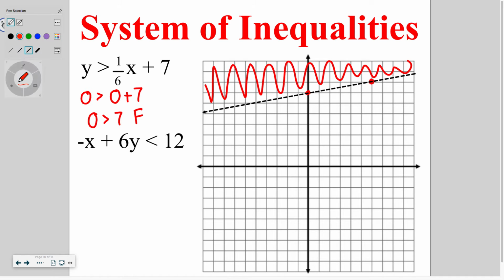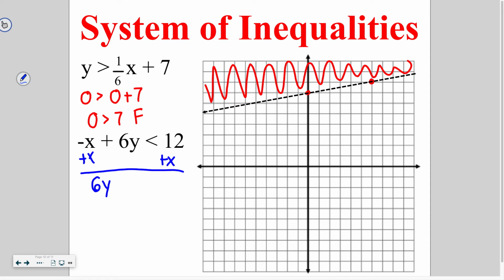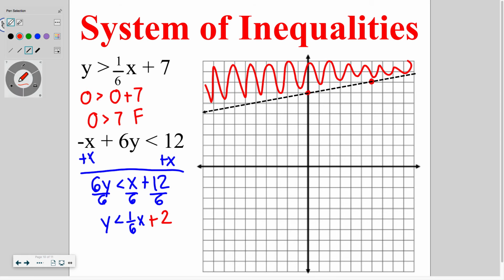Then I'm going to come down here and add x to both sides, and I'm going to get 6y is less than x plus 12. Dividing everything by 6, I'm going to get y is less than 1/6 x, since there was a 1 in front of the x originally, and then plus 2.